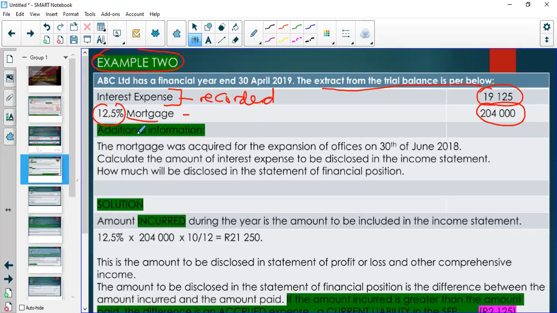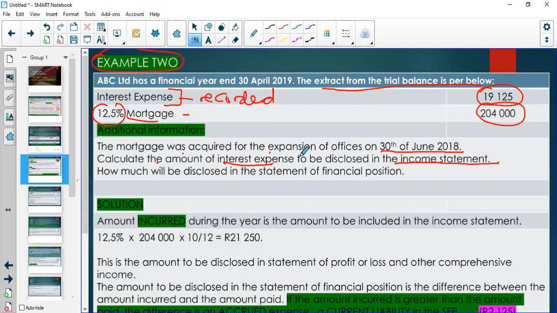Then we are told a story, all right, that the mortgage was acquired on 30 June 2018. Then we need to calculate the amount of interest to be disclosed in the income statement. The interest expense is an expense, all right.